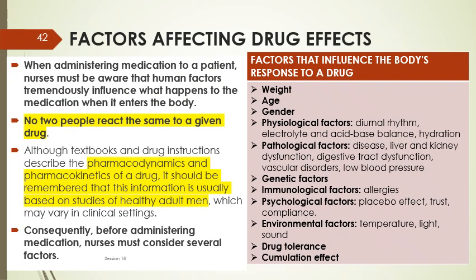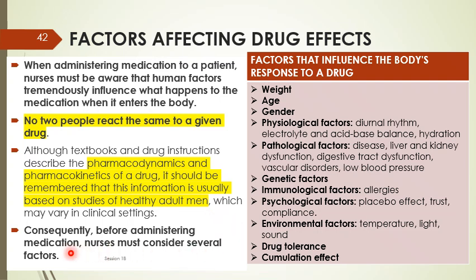Now, as a nurse, we need to think about the factors affecting the drug effects. So we must be aware that there are human factors that influence tremendously what happens to the medications when they enter the body. And between two people, the reactions are never the same. The pharmacodynamics and pharmacokinetics of the drugs need to be remembered as studied on a healthy adult man, which then varies in the clinical setting because we have a lot of patients with different diseases and health conditions.